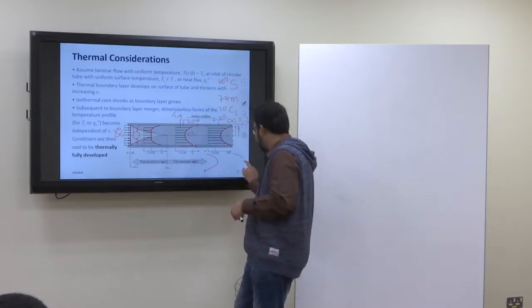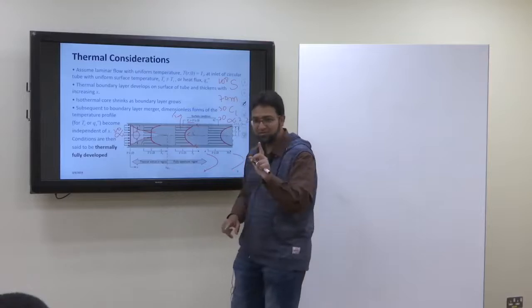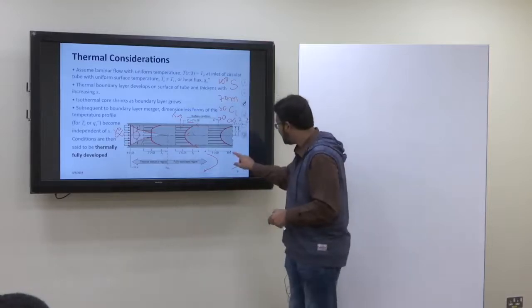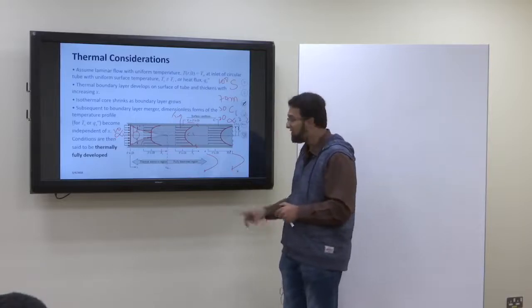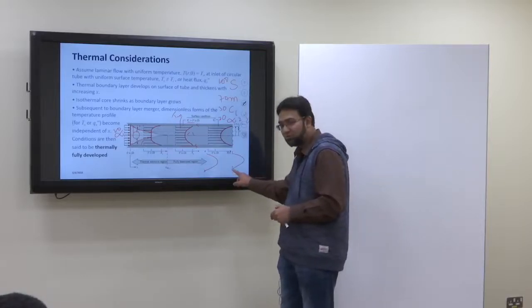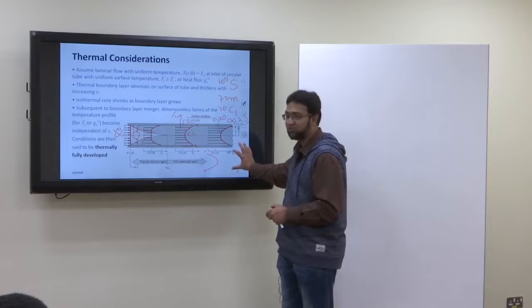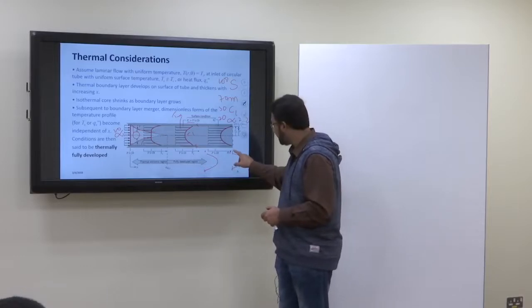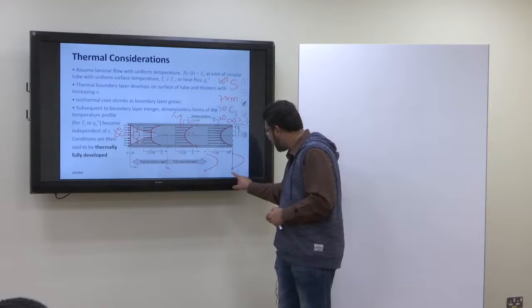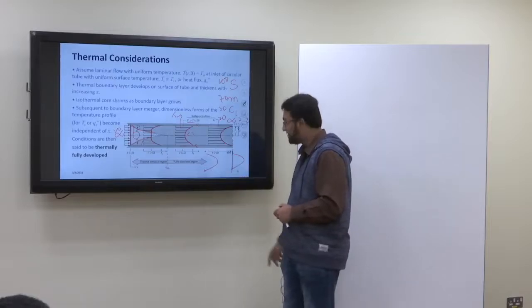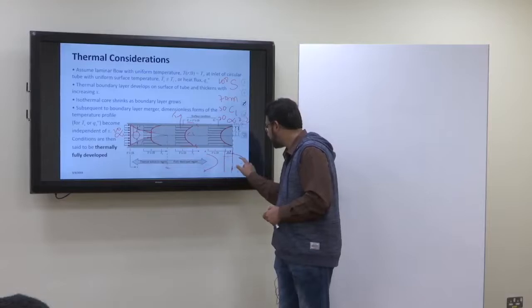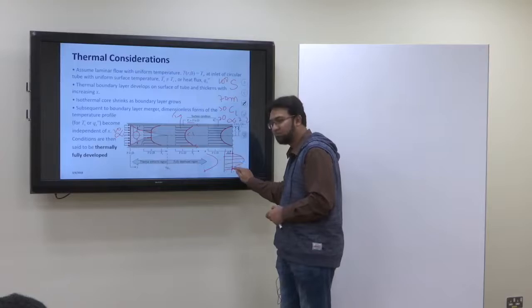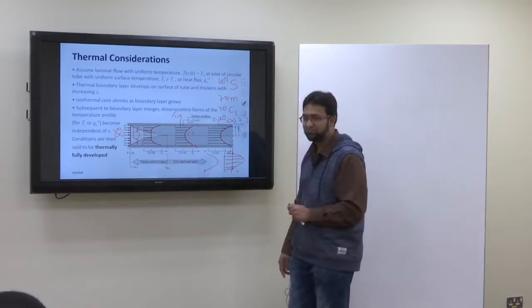Only one difference: in the velocity profile, this point is 0 and this point is 0. In the temperature profile, these points are not 0. They are the surface temperatures. So in the velocity profile you draw a line here, and in the temperature profile you draw a line somewhere here, just to show that this is not 0. You get it?